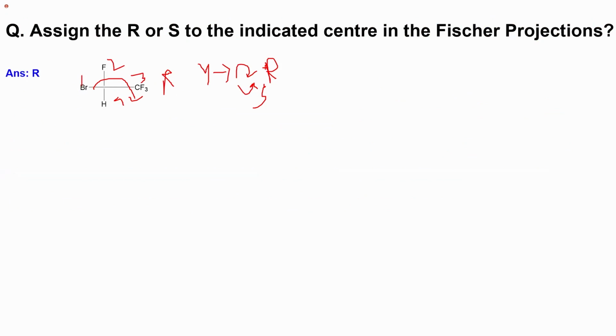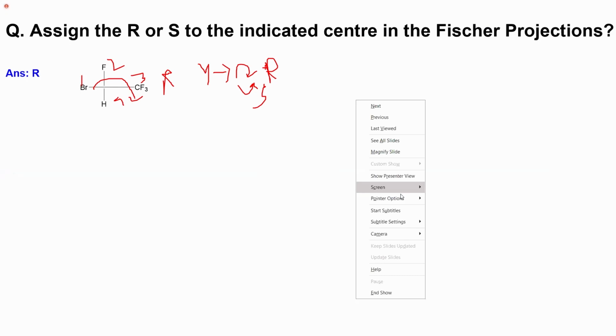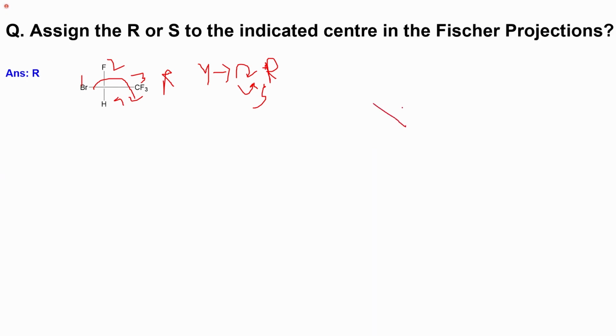And if you see a Fischer projection anywhere, how do you know whether it is R or S? The easiest way: if the least priority group is on the x-axis, then it is the negative rule.